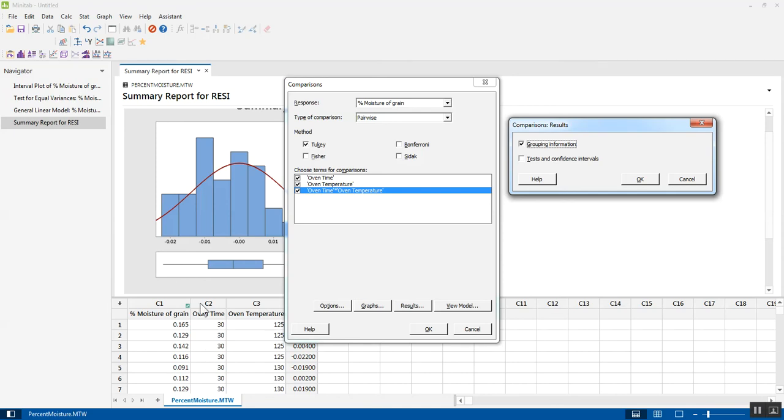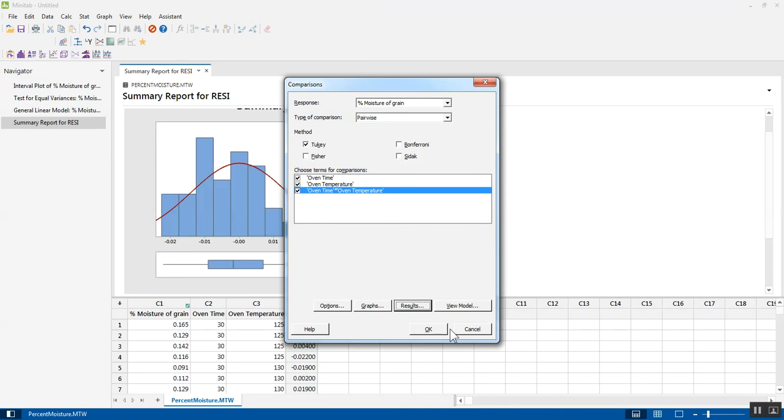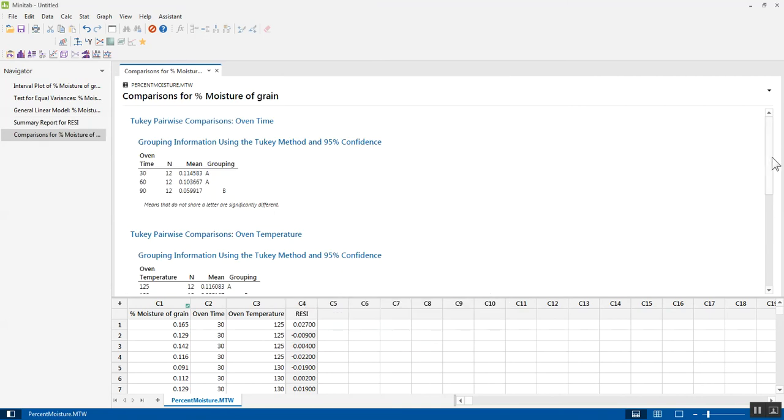All possible pairwise combinations across those two factors, we could get a p-value which would go against the null hypothesis that those two means are not significantly different. I'm not going to bother with that. We're going to stick with the good old A, B, C Tukey method, where means that do not share a letter are not significantly different. So I'll just click there, click OK.